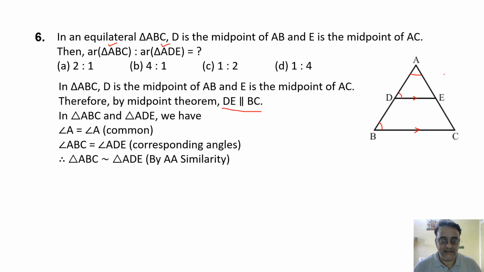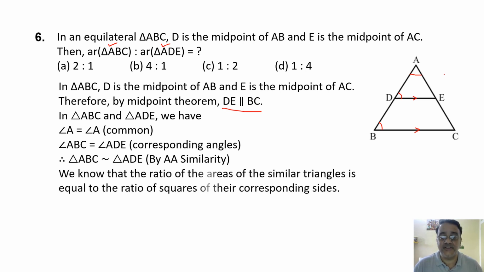AA similarity, right? So first हम लोग similar triangle proof करने के बाद, now we can use that formula, that ratio of areas of two similar triangles is equal to the ratio of squares of their corresponding sides. So we'll get area of triangle ABC upon area of triangle ADE is equal to AB square upon AD square. Now already it is given that D is the midpoint of AB, right?